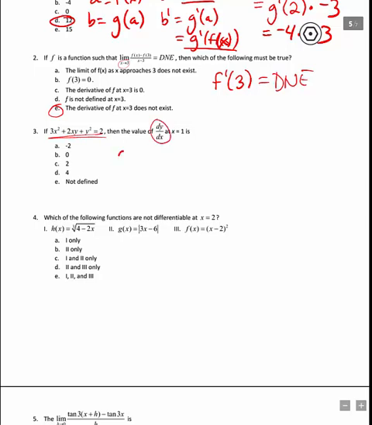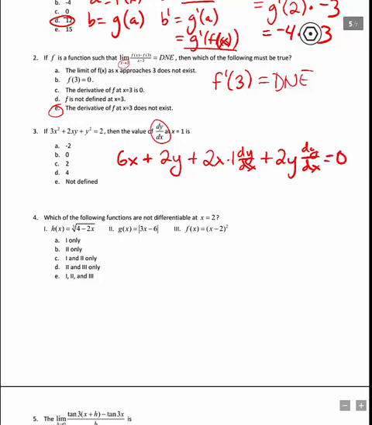Okay, question 3, we want to take the derivative. We see it's implicit, so it's 6x plus, right here that's going to be product rule. So we do the derivative of 2x is 2, leave the second part y alone, plus now we leave 2x, the derivative of y is just times 1 dy dx, and then it's plus y squared, so plus 2y dy dx equals 0.